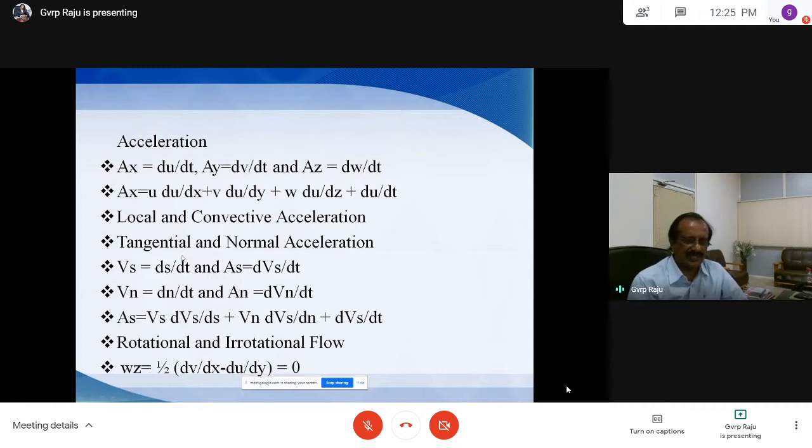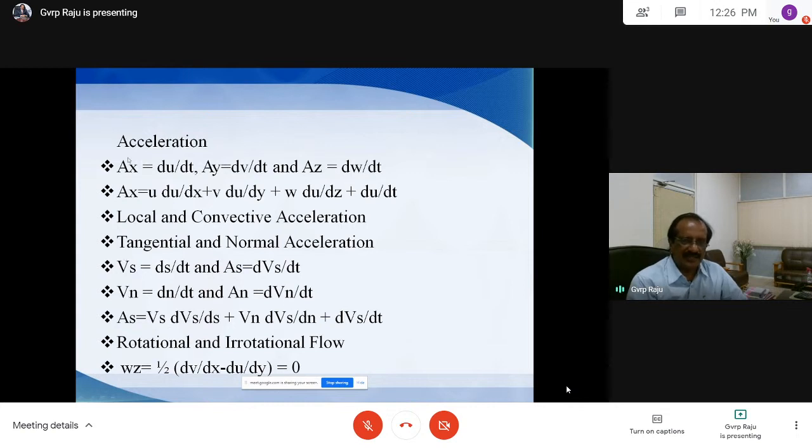So Vs is equal to ds by dt, and As is the acceleration in the tangential direction, dVs by dt, the change of velocity with reference to time. Vn is equal to dn by dt, the change of distance in the normal direction by time, limit dt tends to 0. And An is the acceleration in the normal direction, the change of velocity in the normal direction by time, limit dt tends to 0.